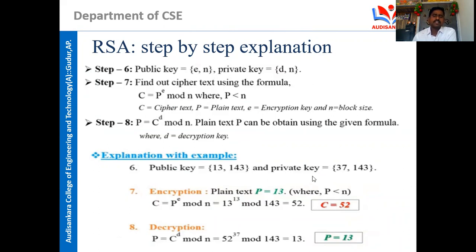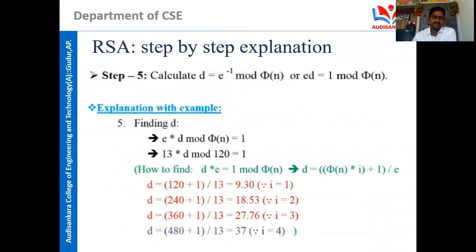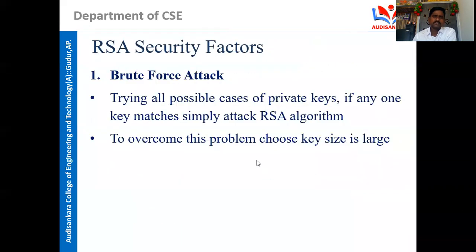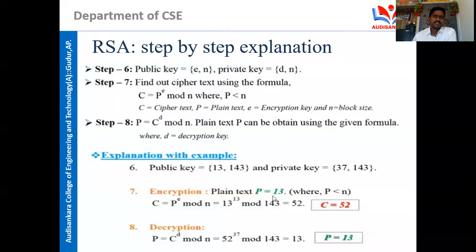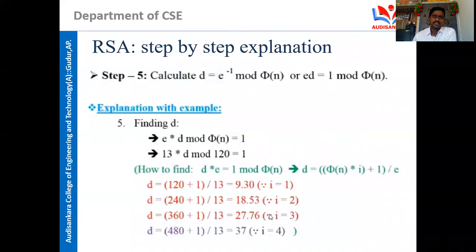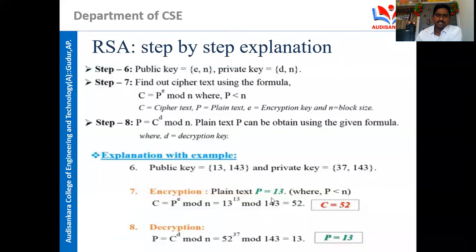And private key is D comma N. What is the D value from the previous step? D value is 37, right? So we substituted 37 comma 143. N value is 143. 6th step is finished.